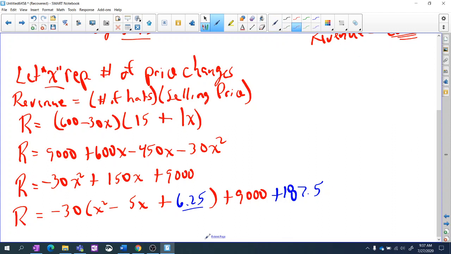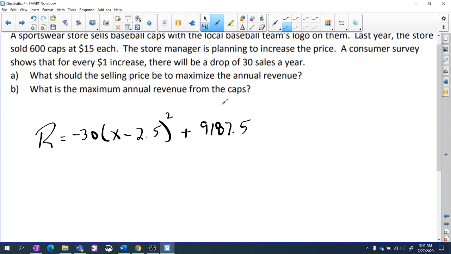Put it in vertex form. So revenue. Okay, sorry about that. I had a little glitch there with my computer. It froze up. So I'm back to where we were now. This is what our quadratic function looked like in vertex form.